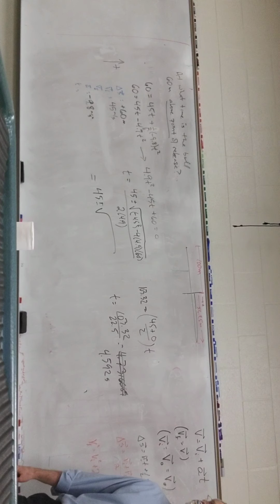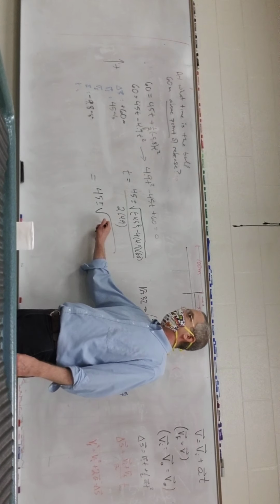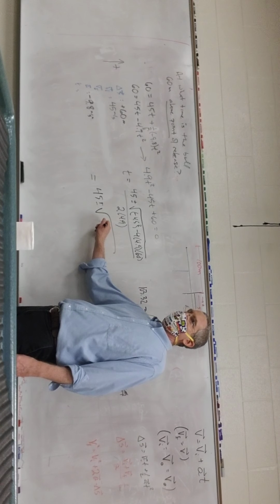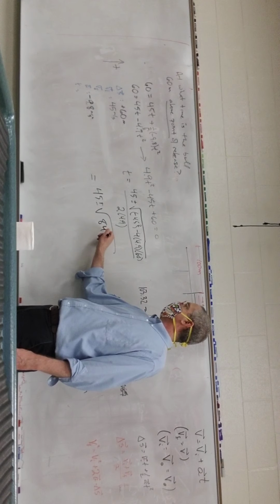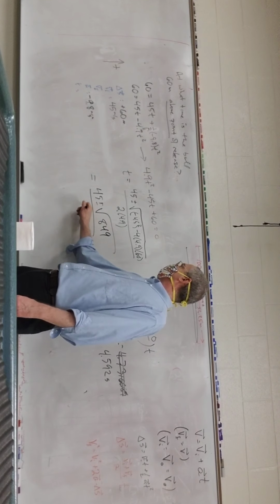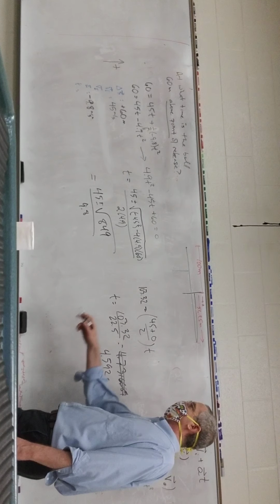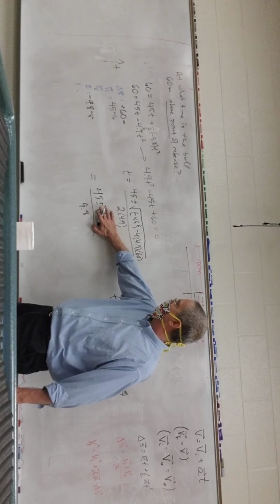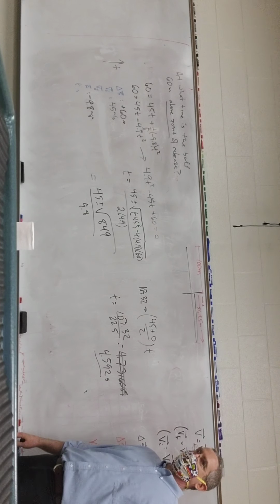Let's go with 834.7, divided by 9.8. If we do 45 divided by 9.8, just ignore the square root part, that should give us 4.592.